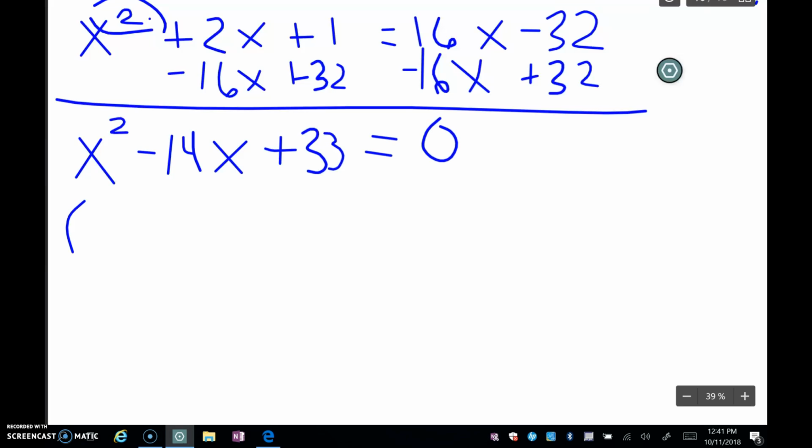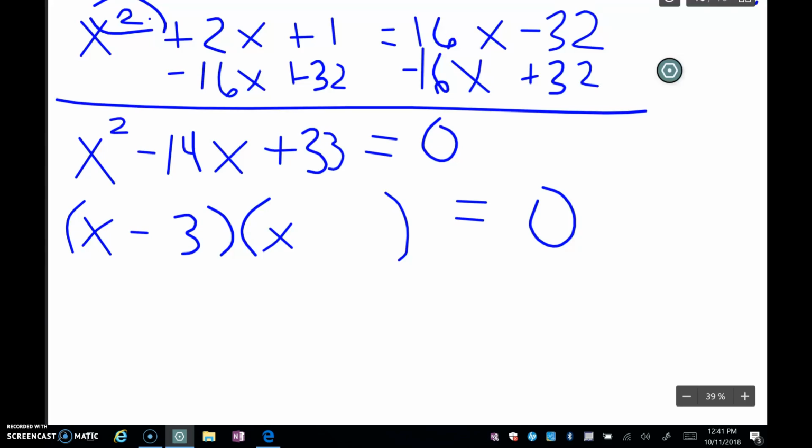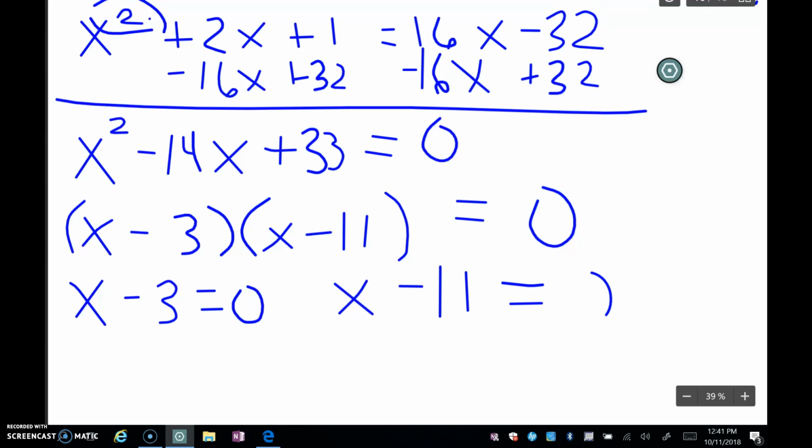And I can factor that, or I can use the quadratic formula. If I factor it, I get x minus 3 and x minus 11. That's going to give me that negative 14 in the middle. And then remember, we just set that equal to 0. The separate factors equal to 0. And we get x equal 3 and x equal 11.